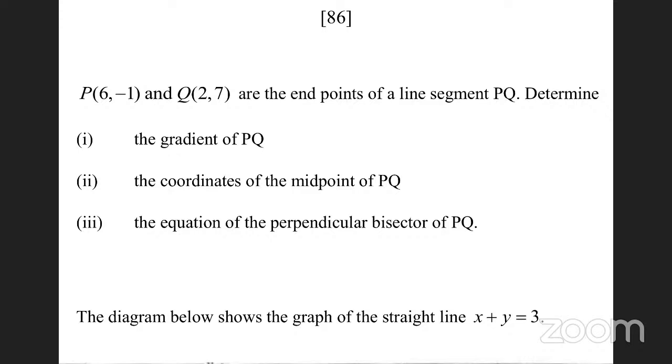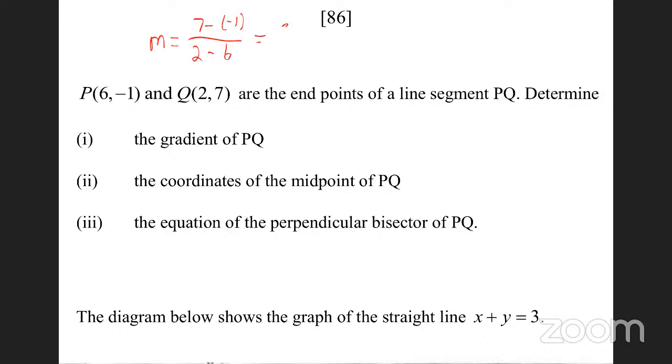Right, let's see this one. All right, so gradient is equal to 7 minus 1 all over 2 minus 6.